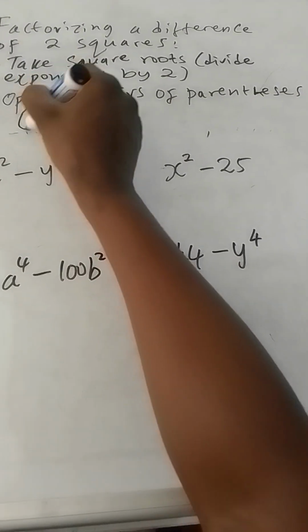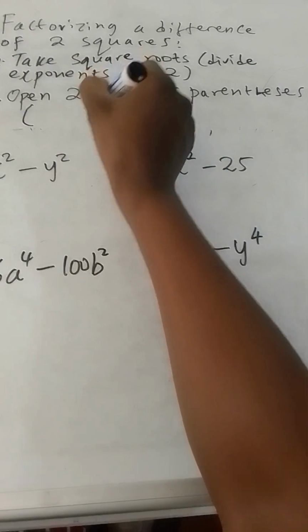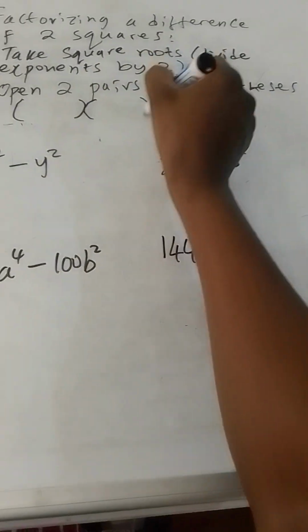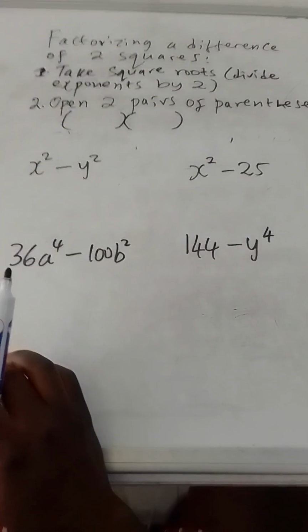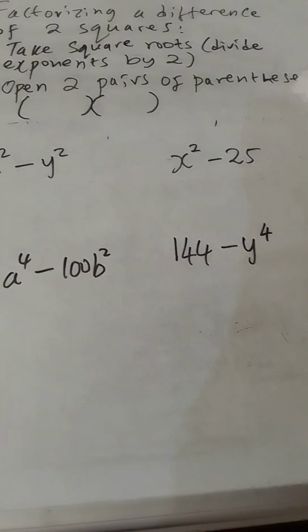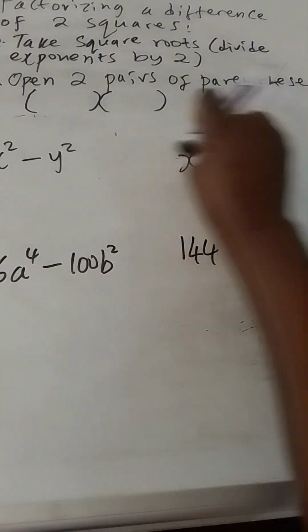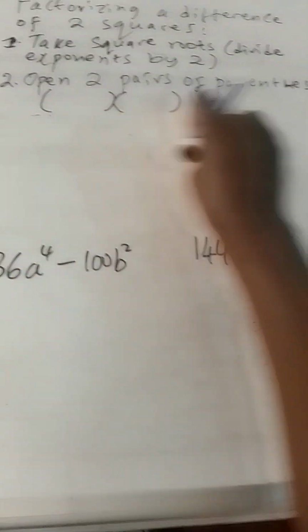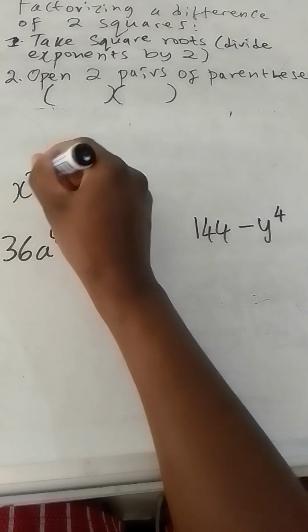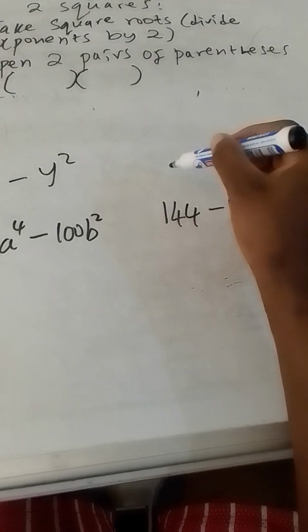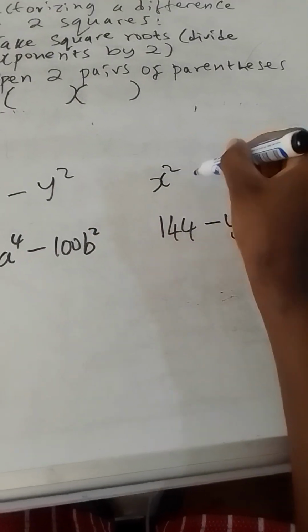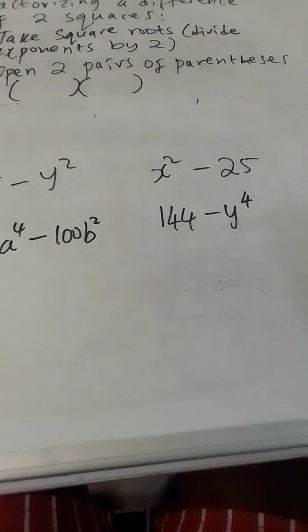So that is going to be this and that. So you have 2. And then we're going to erase this and move them down here. So it was x squared minus y squared and x squared minus 25.